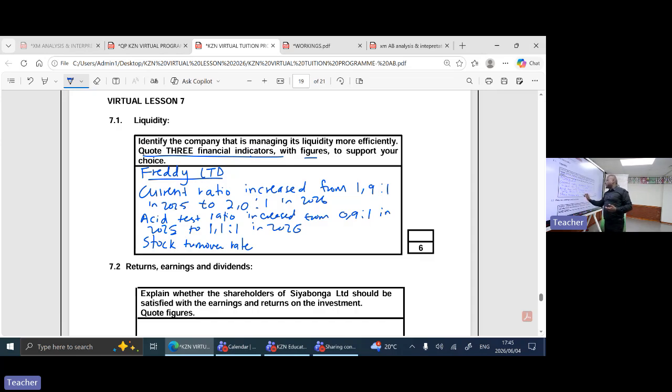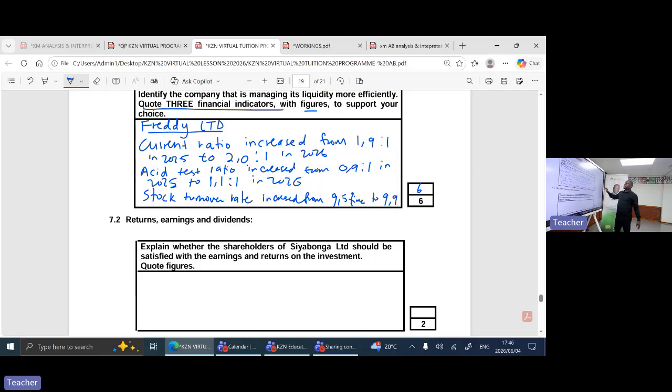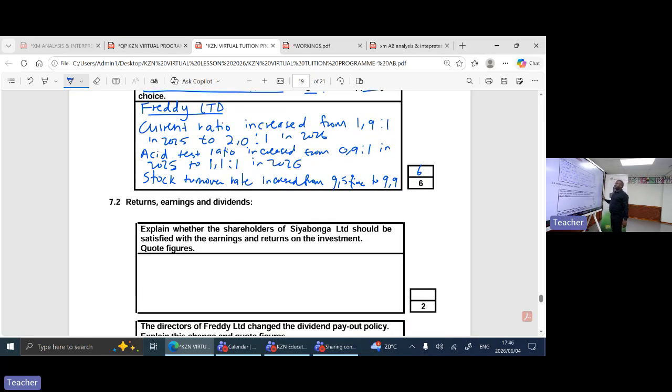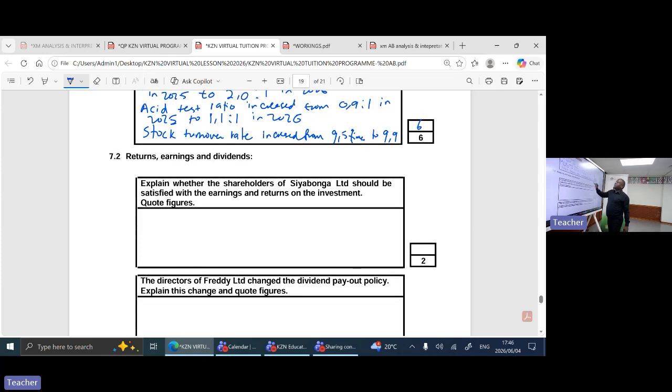So stock turnover rate also increased from 9,5 times in 2025 to 9,9 times in 2026. You will get 6 marks because there are 3 ratios, there is a trend, and there are figures. Don't say current ratio increased with no figures. It says indicators, figures to support your answer. There must also be trends.